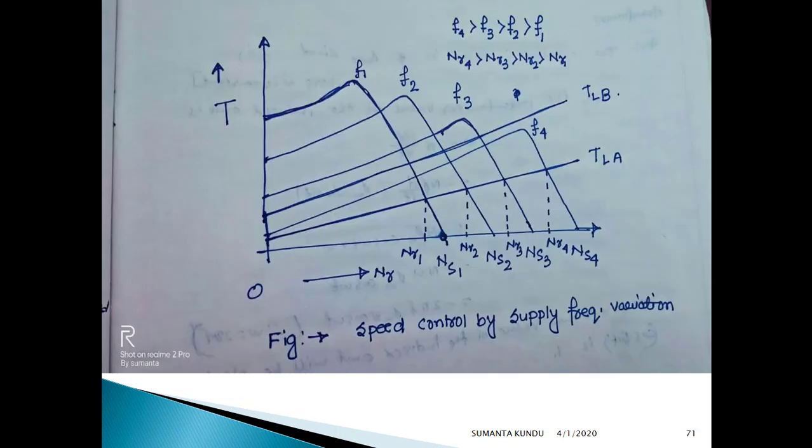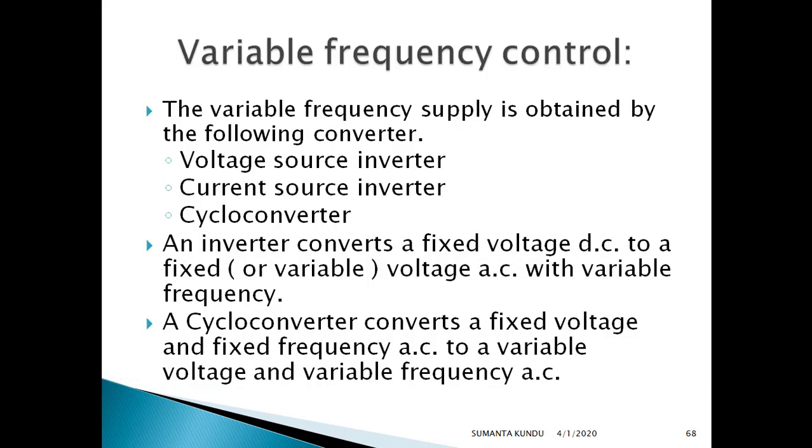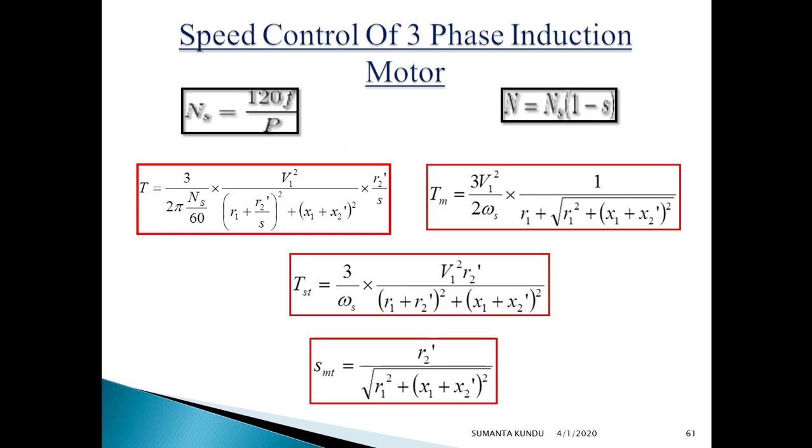Now we are going to discuss this a bit in detail. Now we have seen this is my torque equation, this is my maximum torque, this is the equation of starting torque, and this is the slip at maximum torque.